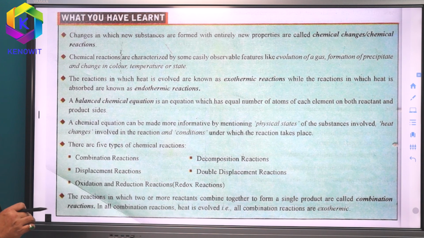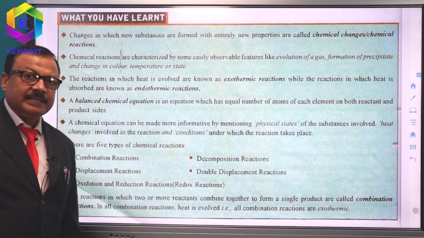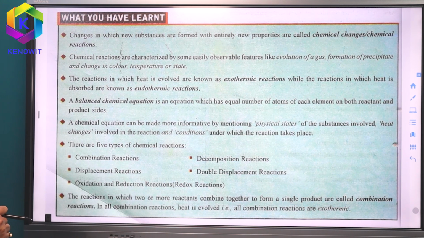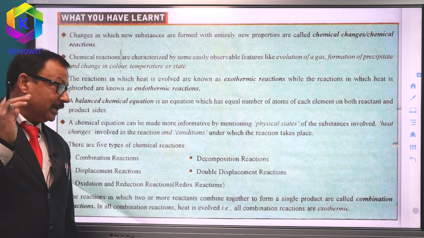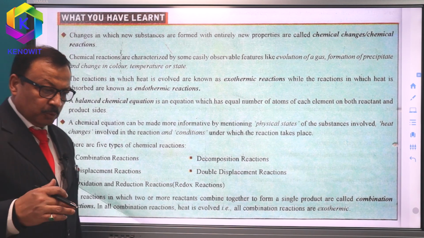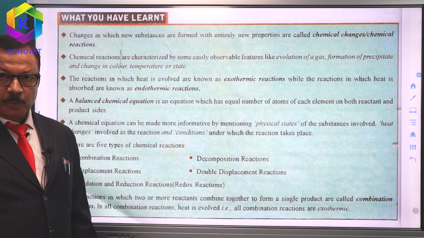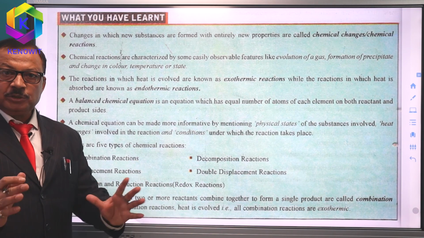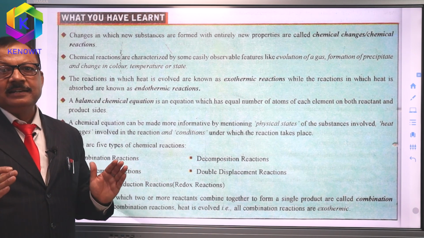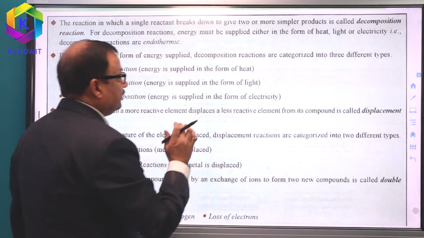Then balanced chemical reactions, types of chemical reaction like combination reaction, decomposition reaction, displacement reaction, double displacement reaction, and oxidation reduction, known as redox reaction. The reaction in which one or more than one reactant combine together and form a single product is the combination reaction, and in a decomposition reaction, one single reactant gives more than one product. So these are the learning outcomes of this chapter.